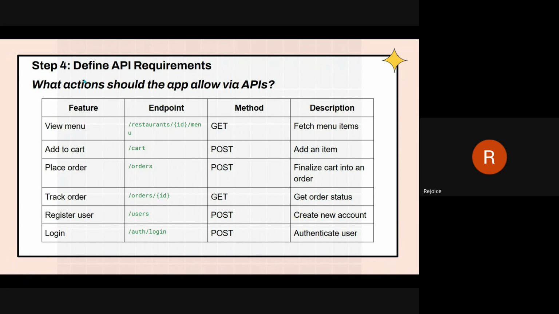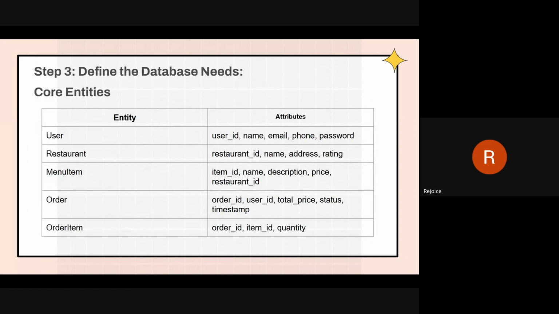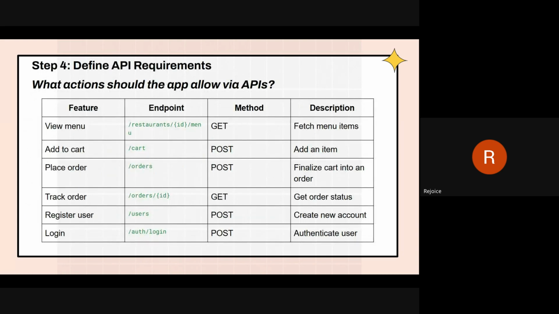Okay, so now for your API requirements. Now you've put out a clear understanding for your database, right? Now for your API requirements, what actions should the app allow via APIs?